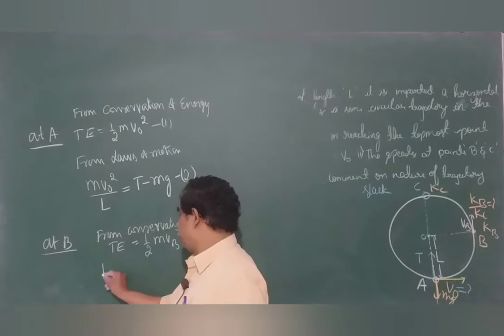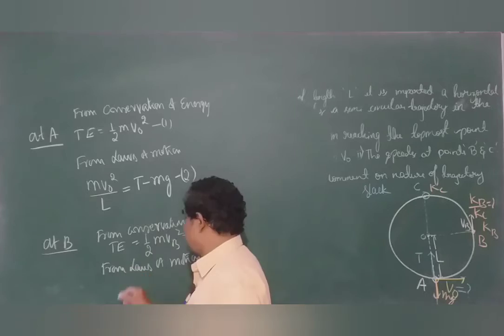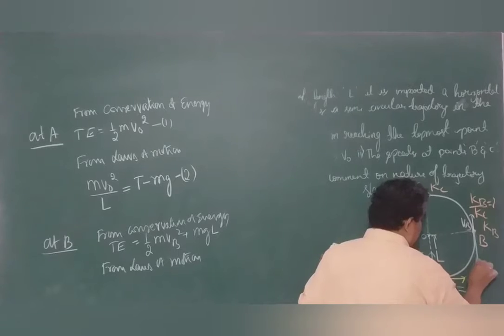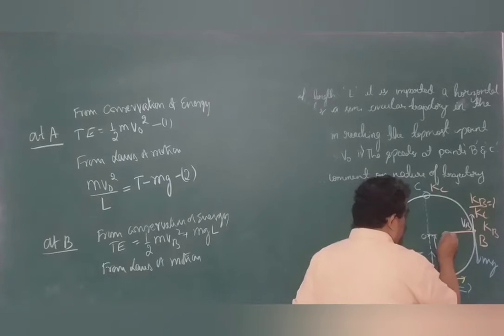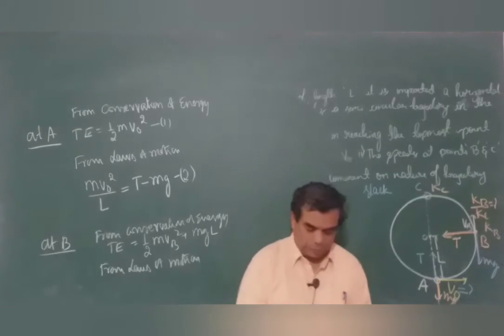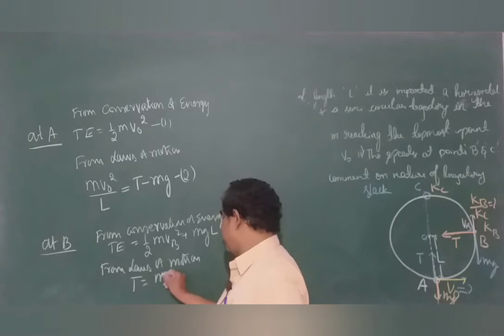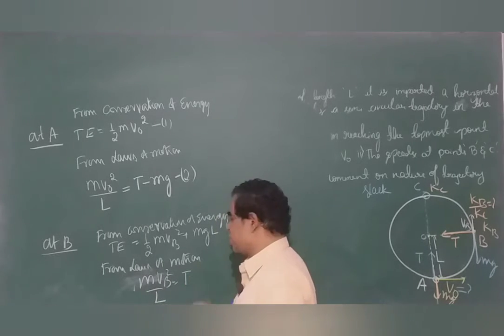From laws of motion we write. So here also at this point we write the forces. This way downwards mg and this way is the tension T in the string at B. Therefore, we can simply write T equals m Vb square by L. The centripetal force is tension there.